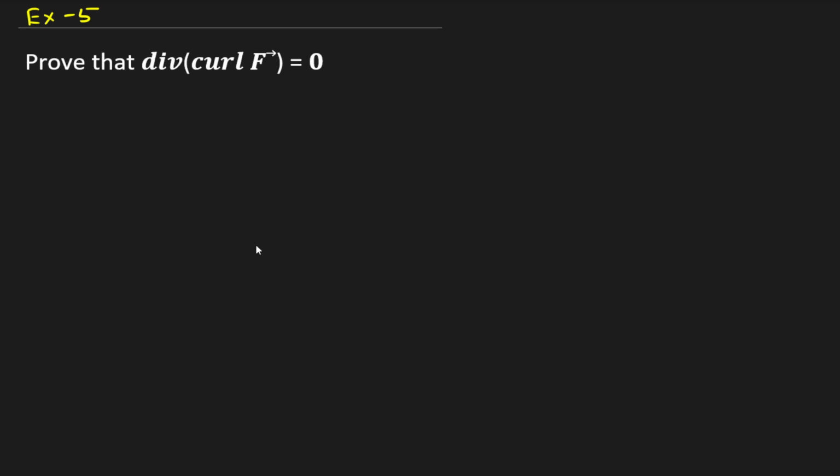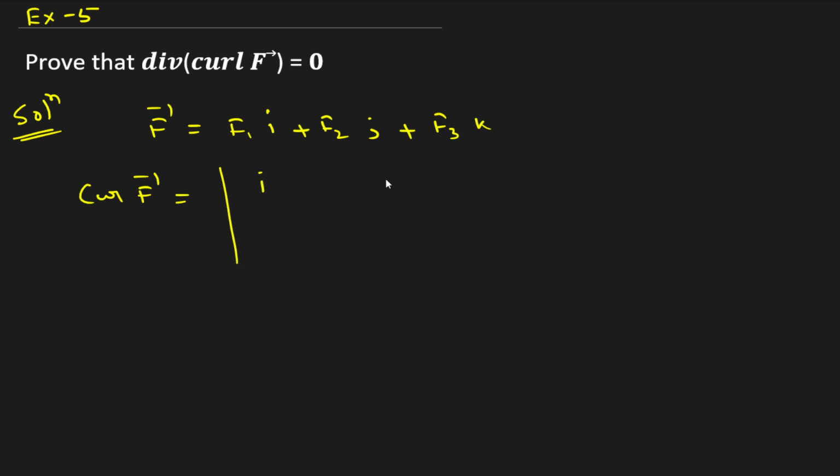Okay. Now let us take one last problem. So here we have to find divergence of curl f bar. So let us take f bar like this: f1 i cap, f2 j cap, and f3 k cap. So first you have to find curl f bar, which is i, j, k, ∂x, ∂y, ∂z, and then f1, f2, f3. Now after expansion, what we'll get?